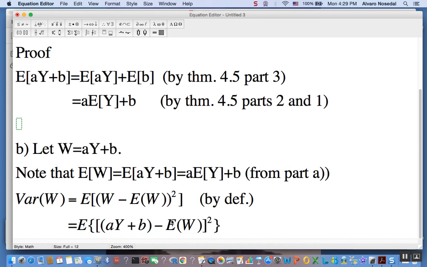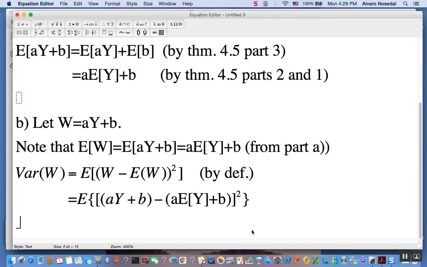I have minus the expected value of W, which happens to be this. Just plugging in what W is, a times Y plus b, and then substituting the expression in terms of Y for the expected value of W, a times the expected value of Y plus b. Right?